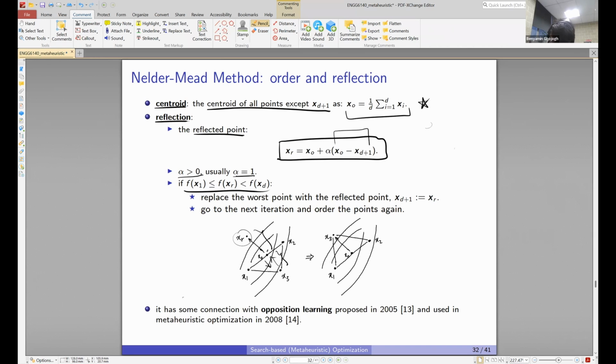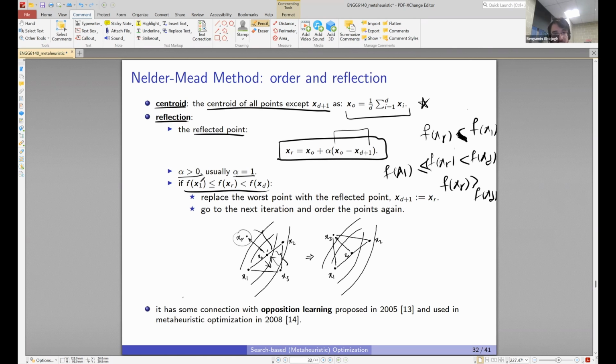So it's either f of xr is less than f of x1, or f of xr is between f of x1 and f of xd, or f of xr is greater than f of xd. These 3 cases might happen, right? Now we will discuss each of these cases.